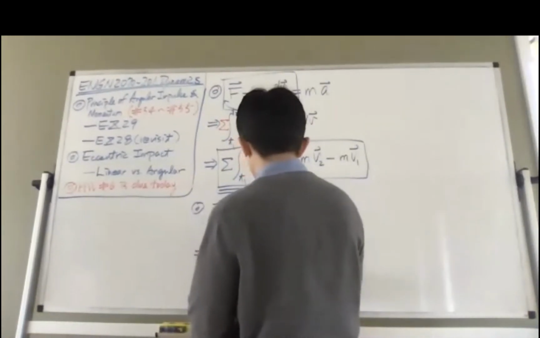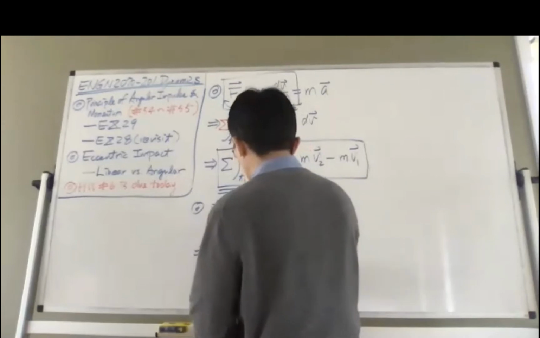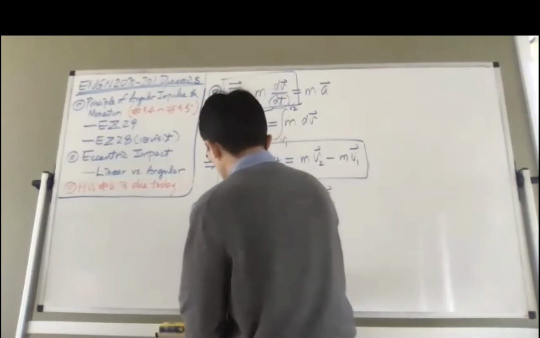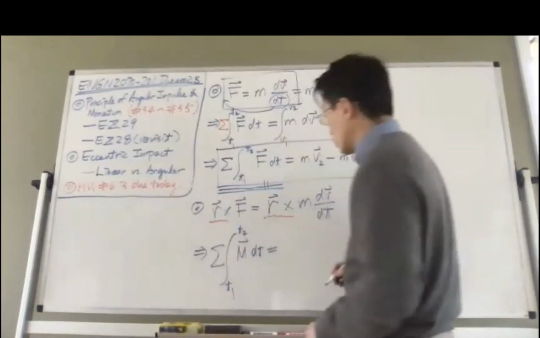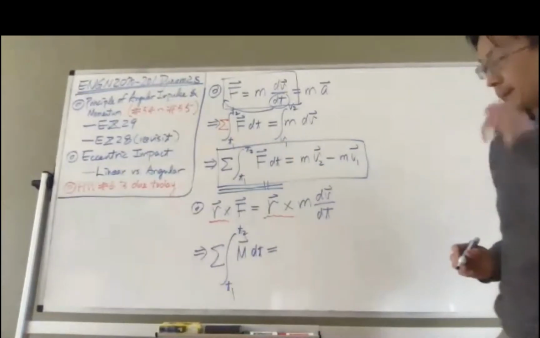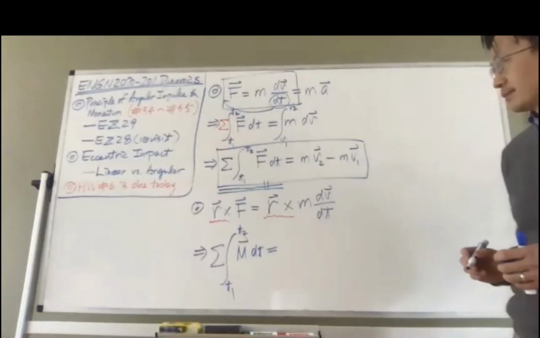So we're going to have the integral of M dt from t1 to t2, summation, equals what?